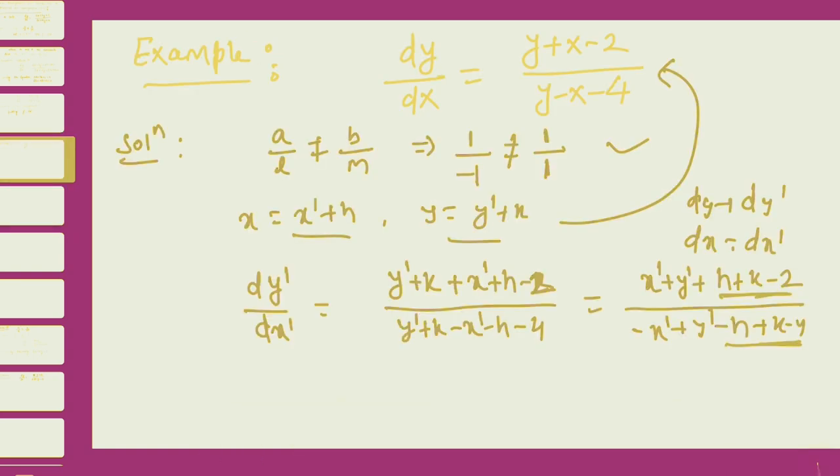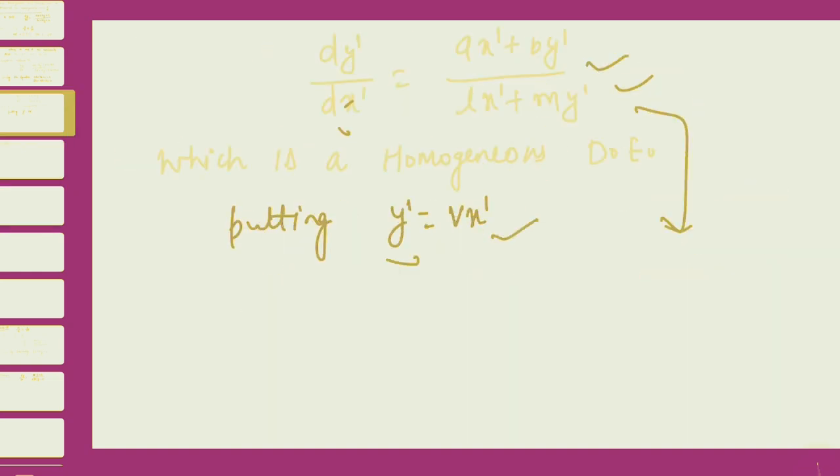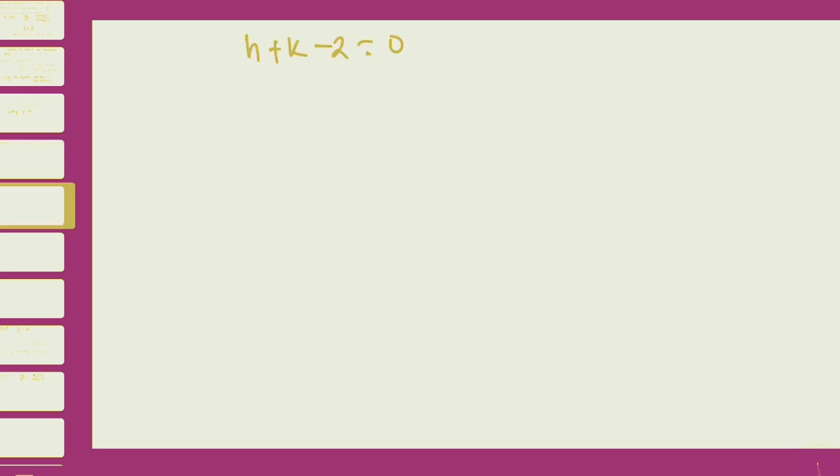So h plus k minus 2 equal to 0, and minus h plus k minus 4 equal to 0.